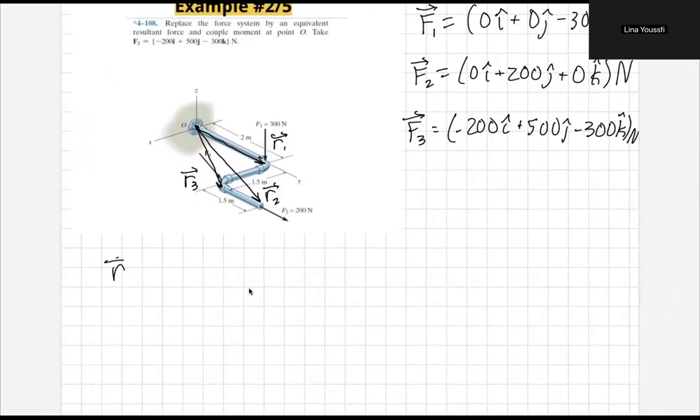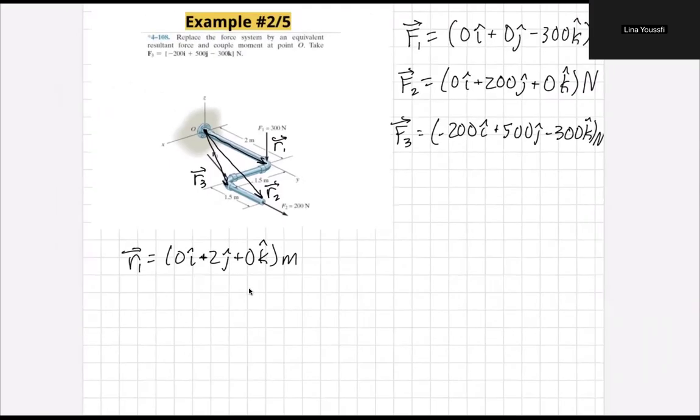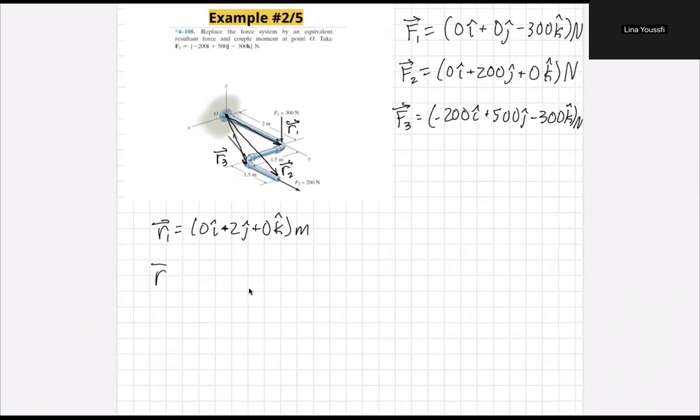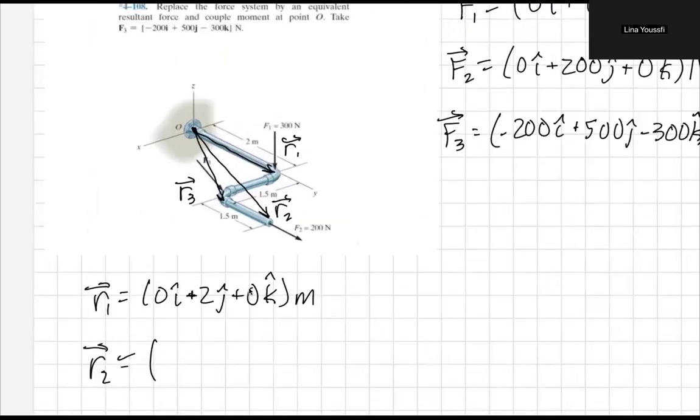I'll write those out here. For R1, we see that this is only in the Y direction. So we'll have 0 i, and that's a positive 2, so I'll write plus 2 j hat. And again, nothing in the Z direction. And these are all in meters. For R2, this one's a little bit trickier.